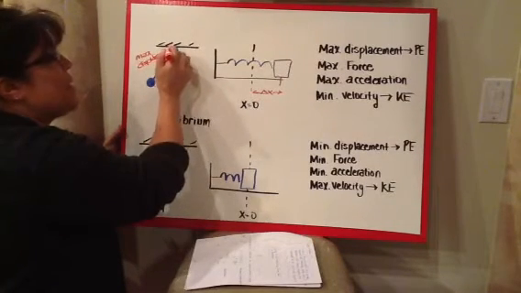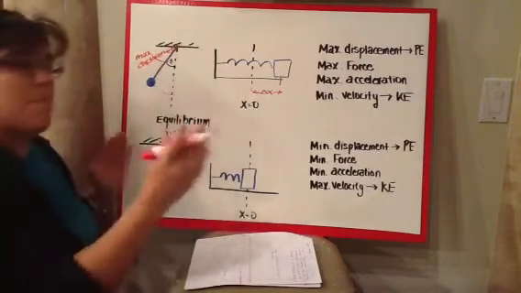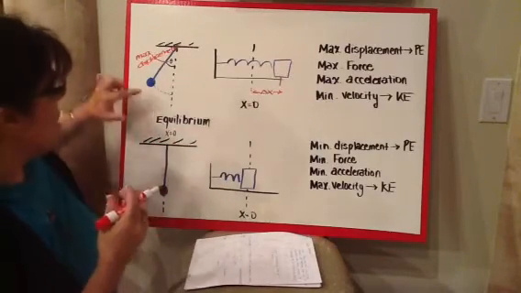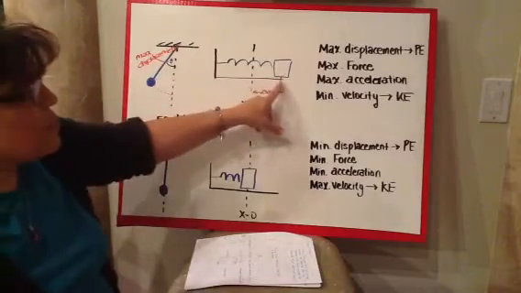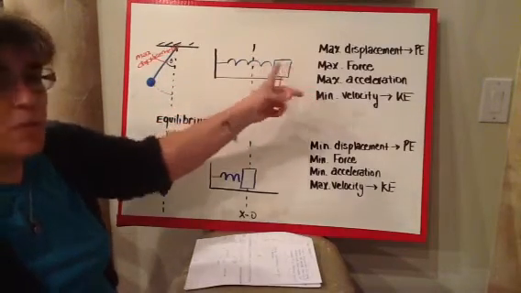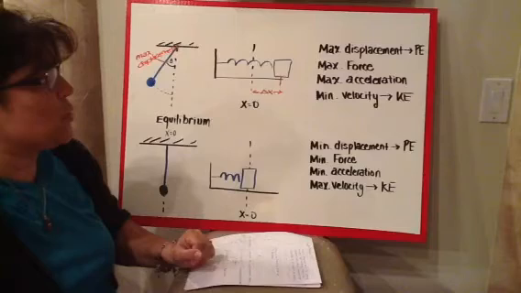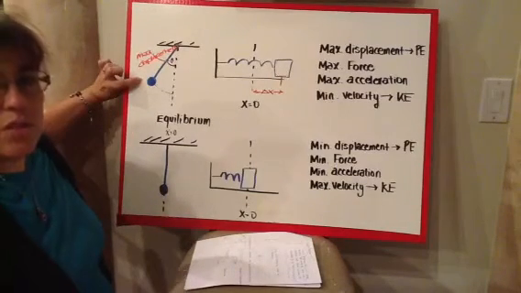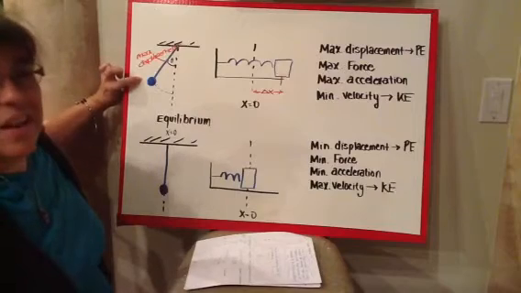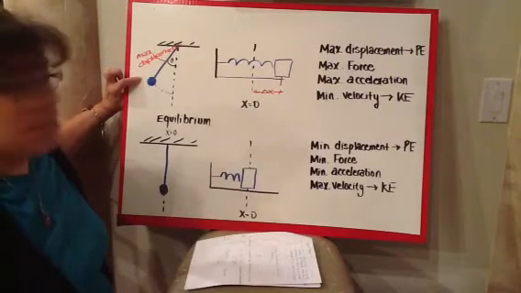Well, when we have maximum displacement, we have the maximum potential energy. So our maximum potential energy is here, and our maximum spring potential energy is when we've pulled the spring out of its equilibrium position. At this point, the force is the restoring force, and it's based on the amount that it's been pulled from its equilibrium.